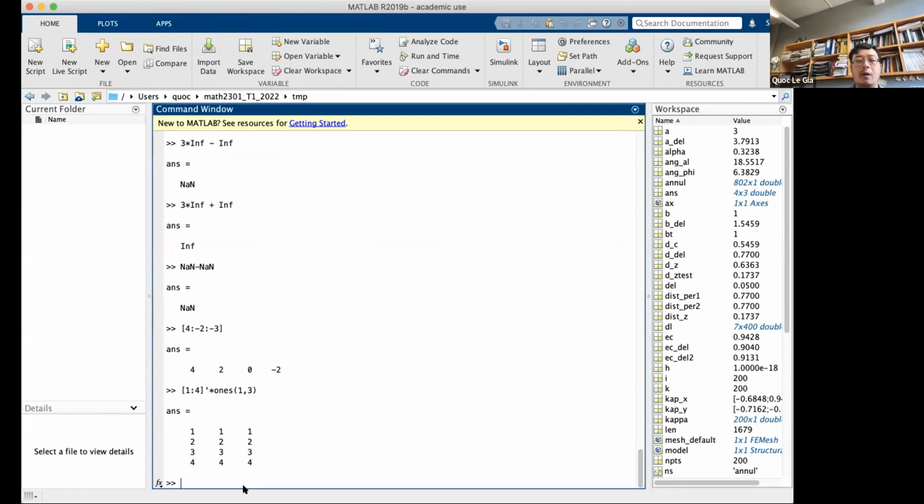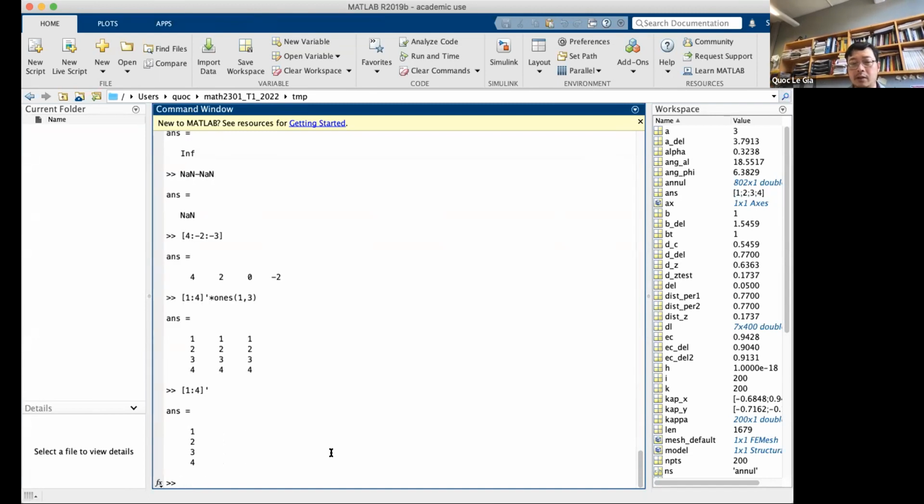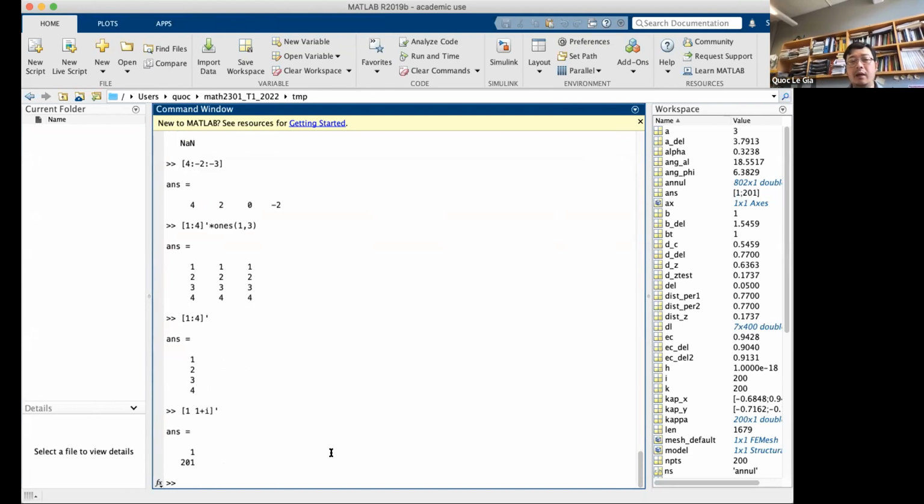And so actually we have to be a bit careful about this prime operator. So if you have 1 to 4, when you take prime, that will give you a column vector from 1 to 4. But when you have something like 1 plus i, when you take prime, what happened?